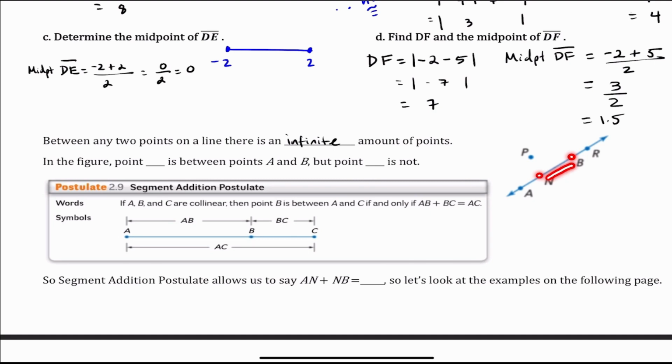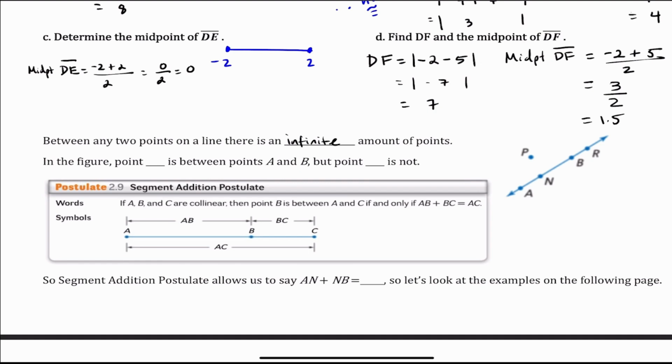Well, we can't give an exact number, but we can safely say that there's an infinite amount of points. You have 1.1 or 1.2 or 1.21 and so on and so forth. And that's what I'm trying to get at when we're talking about infinite amount of points between 2 points on a line.